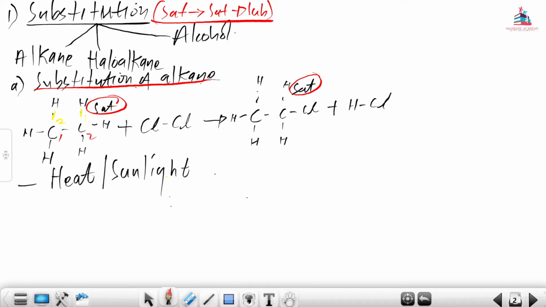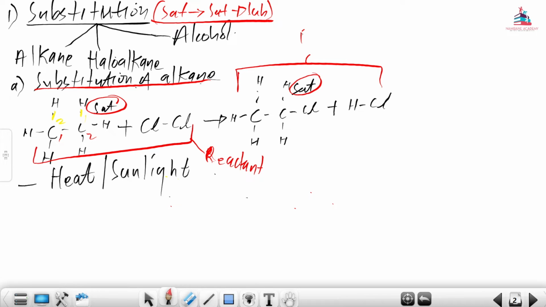So by so doing, I need to know the reactants, which will be this. These are reactants, and I also need to know the products that will be formed.